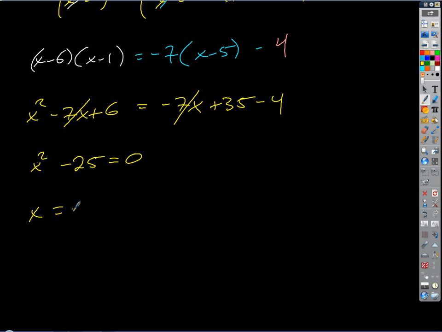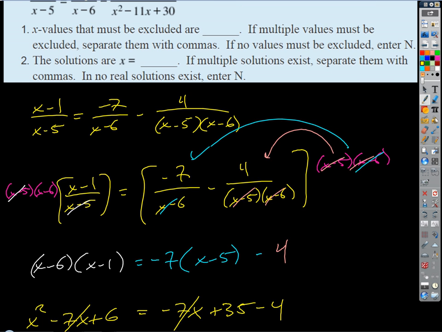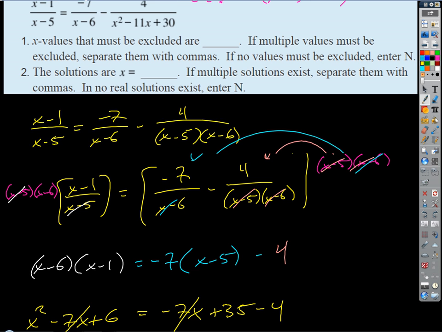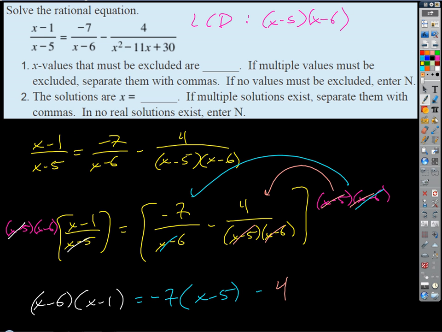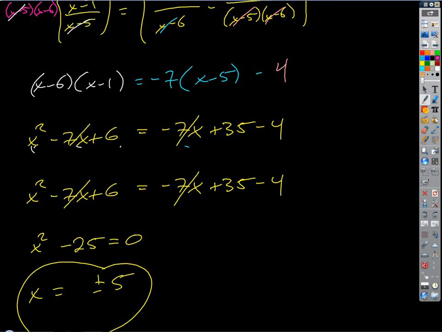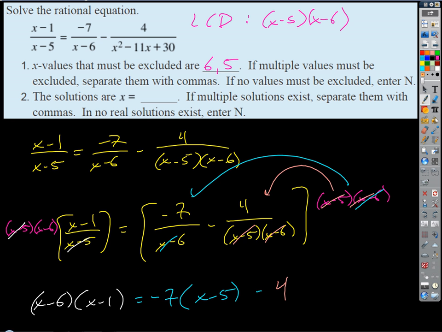So what are my solutions? Okay, but we gotta go back up now, and we gotta say, what are our restricted values gonna be? Well, look at what's the least common denominator? Those are the factors of the denominators, and so we have to exclude values 6 and 5, and our solution includes plus or minus 5.